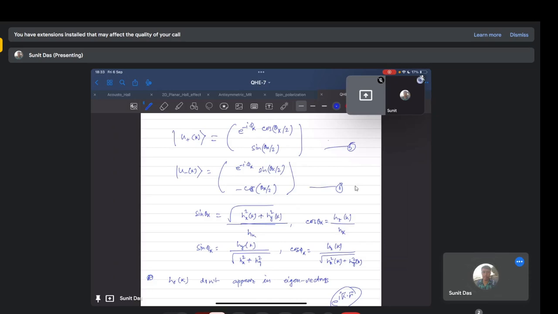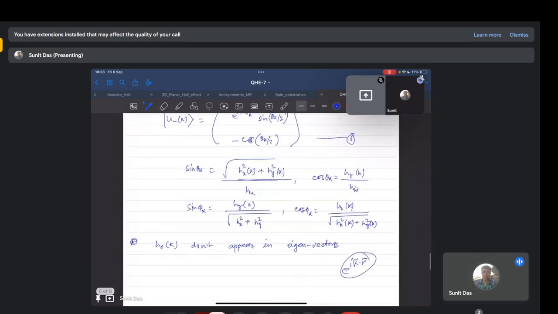Since Berry curvature, quantum metrics, and so on are actually properties of wave vectors, not only the eigenenergies but also the wave functions, this H0 term does not appear in wave functions, and consequently in Berry curvature and quantum metrics themselves.